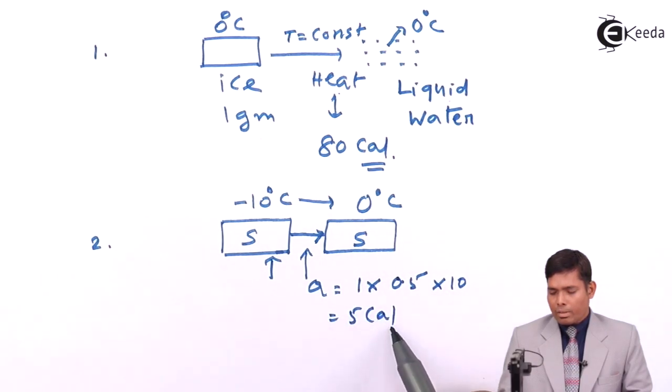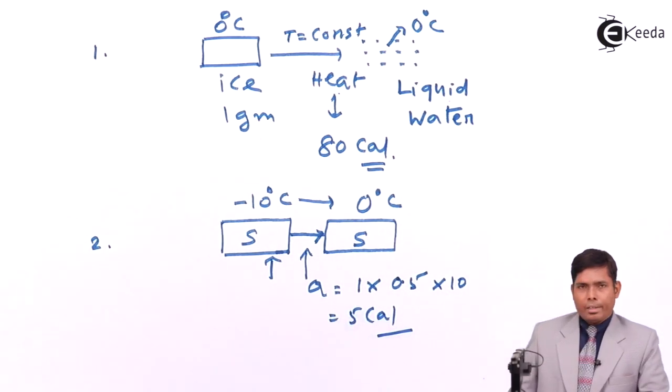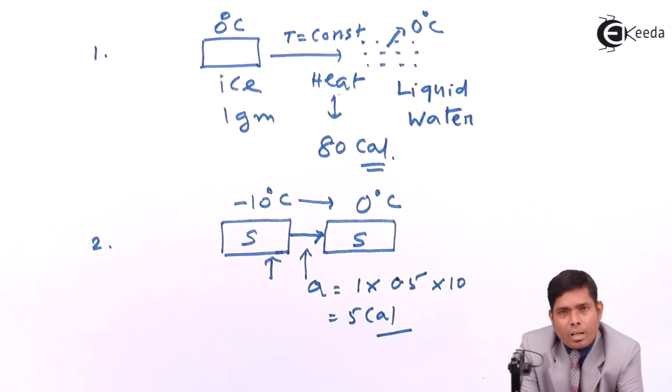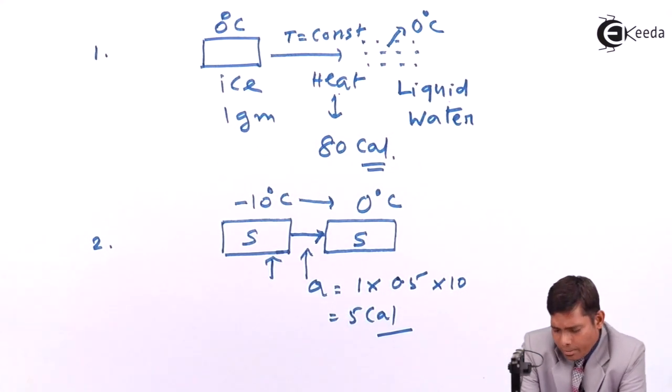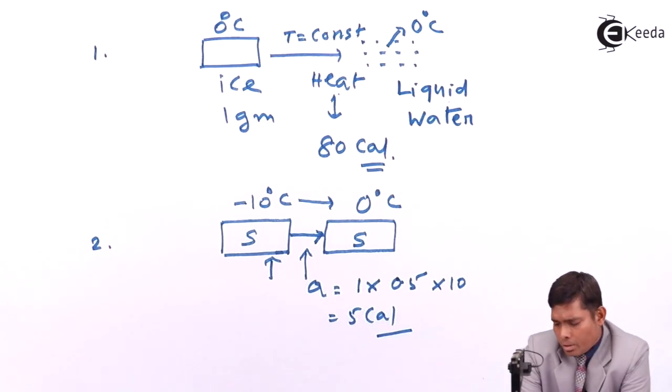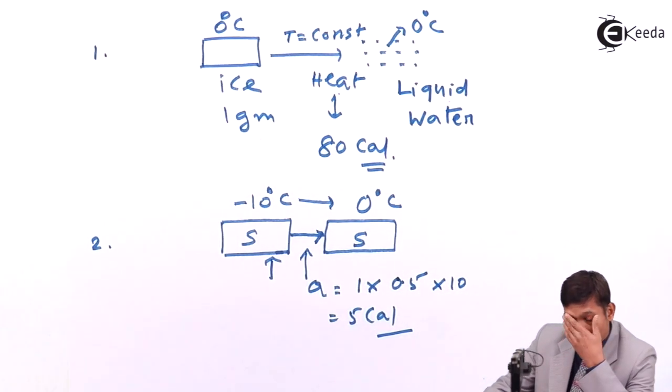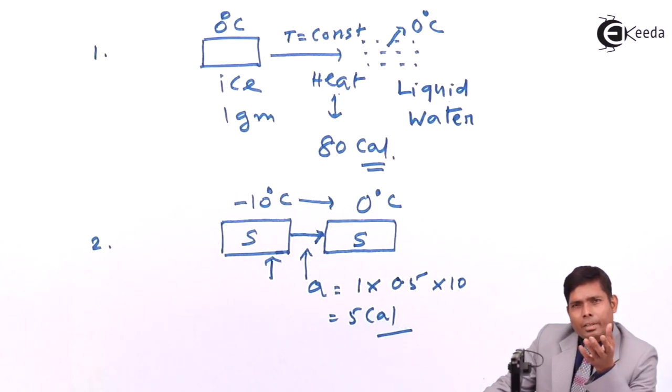So this is 5 calories. So when I give 5 calorie to 1 gram of ice at minus 10 degree centigrade, it will be converted to ice at 0 degree centigrade. So before the melting point, there will be only rise in temperature. During melting point, that is constant temperature. So these are the few basic concepts we must keep in mind.